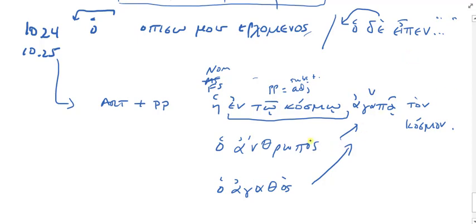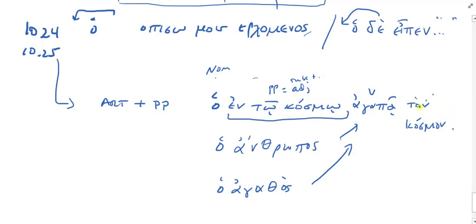Now, over here, in 10.25, you have the article before a prepositional phrase and then nothing else that it's anchored to, like we had up here. So, well, here, let me change this back to a nominative form. Okay, so ho en to kosmo agapa ton kosmon. The in the world loves the world.